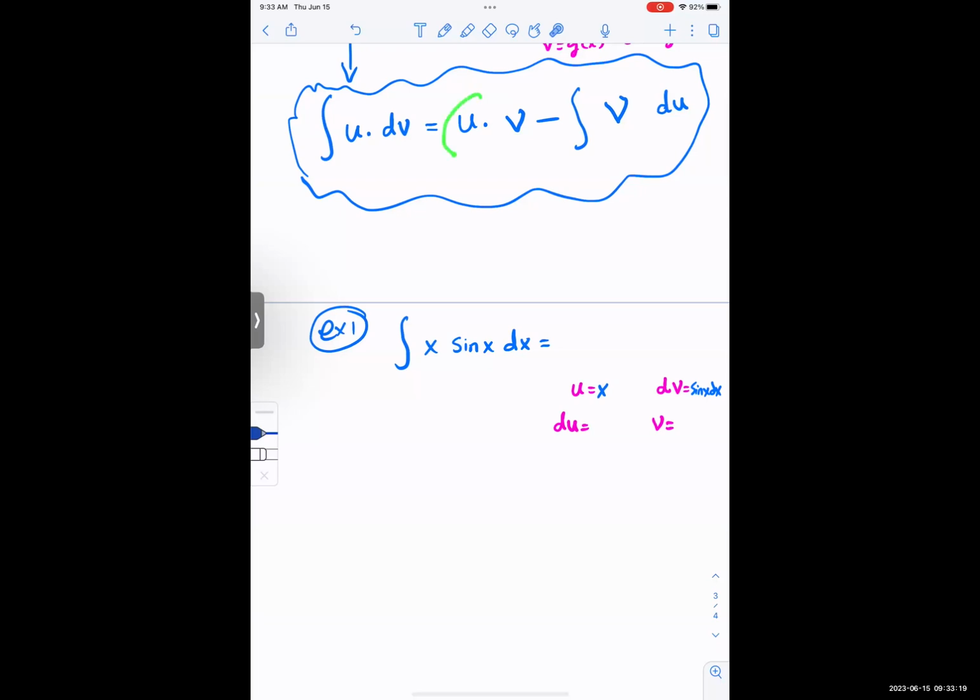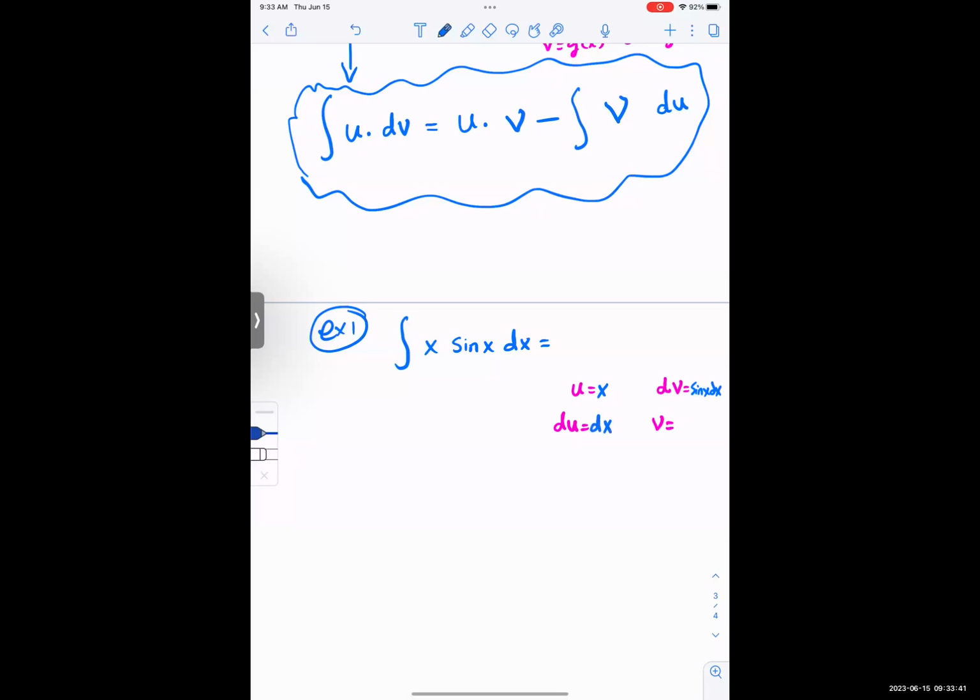So far, I assigned u and dv, but I still need to find v and du. So for the formula, you say what is u, what is dv, and then you come up with the other two.